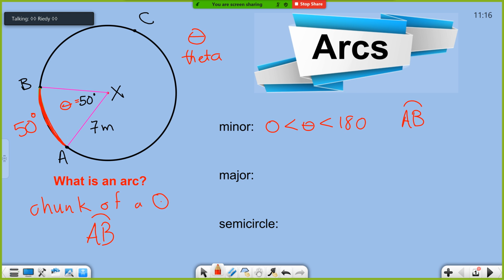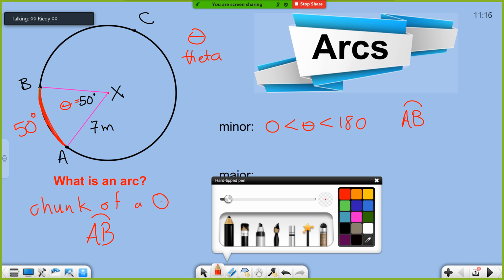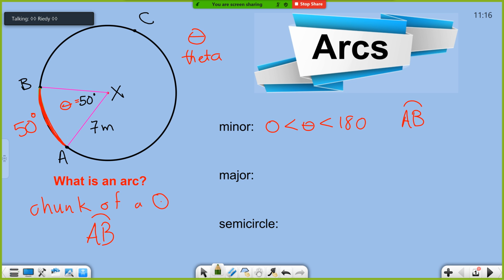But what if I want to go the other way around? What if I want to go from A to B, but I want to go the farther way around the circle? How do we represent that? Well, that is what's called a major arc. A major arc is going to be greater than 180, but less than 360. And we have to figure out a way to distinguish which one we're talking about.